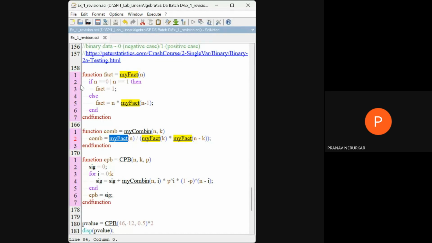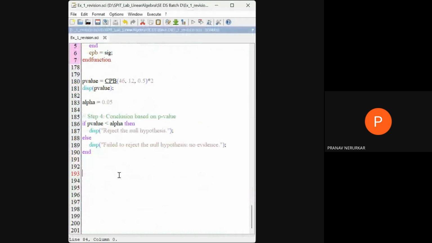Another use of Scilab is that it is a popular mathematical tool, and it has these cumulative distribution functions.